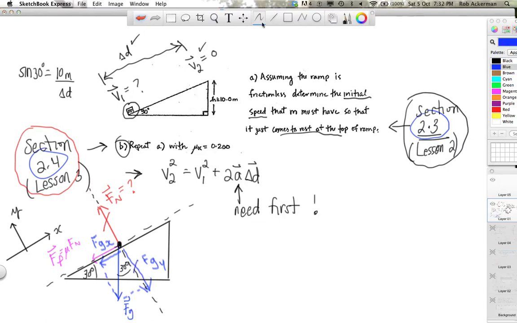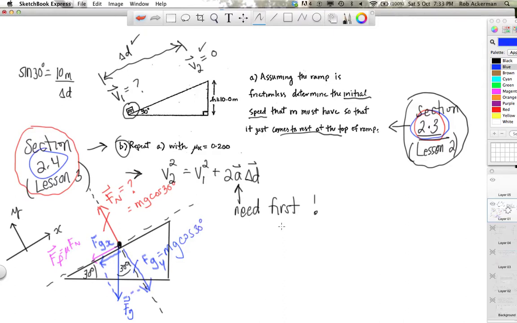So let's see if we can write something in there for the normal. Do you see how Fn is actually equal to, what is Fgy? It's actually mg cos of 30 degrees, which you learned again back in section 2.3, that gravity in the y direction comes out to mg cos theta, and therefore if the normal is balancing that, then these guys are equal.